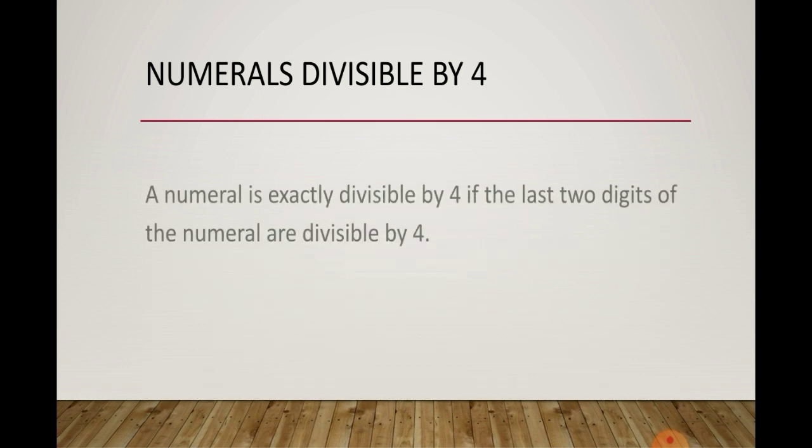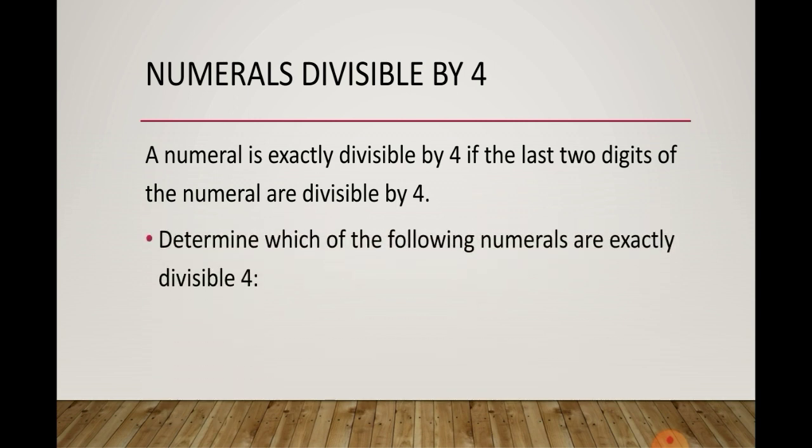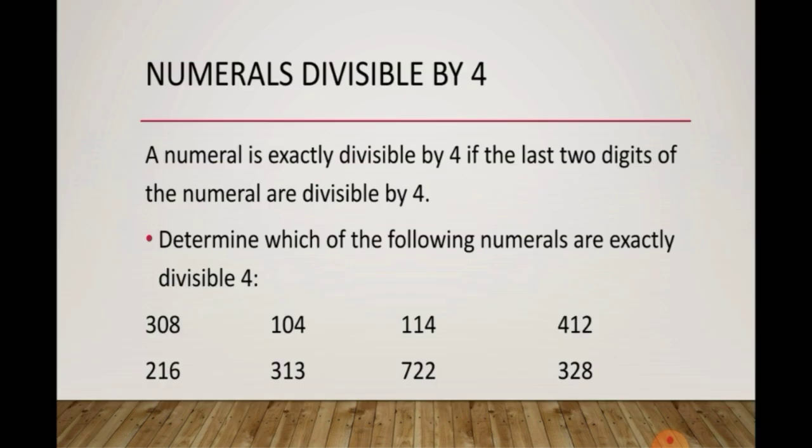Numerals divisible by 4. A numeral is exactly divisible by 4 if the last two digits of the numeral are divisible by 4. Determine which of the following numerals are exactly divisible by 4. In 308, the last two digits, 08, are divisible by 4.